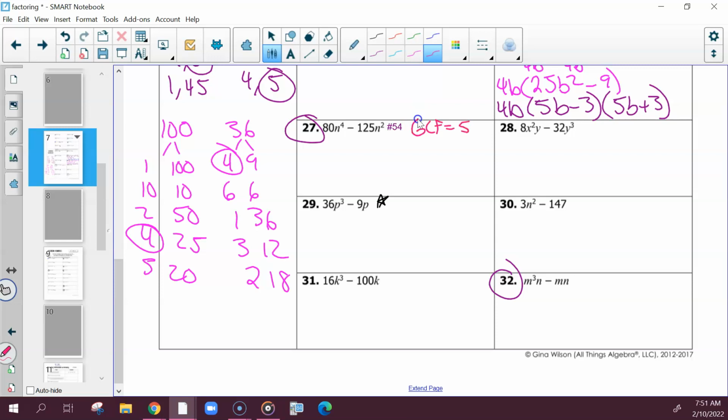So we know 5 can be taken out of both. Can we take out any variables? N squared, yes. They both share that. So if I'm dividing both of these by 5n squared, what's left?